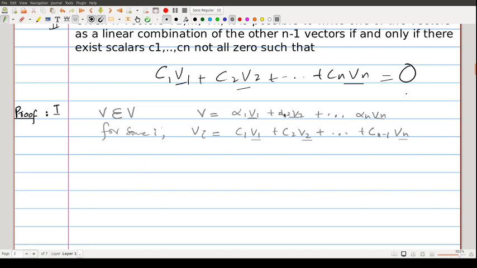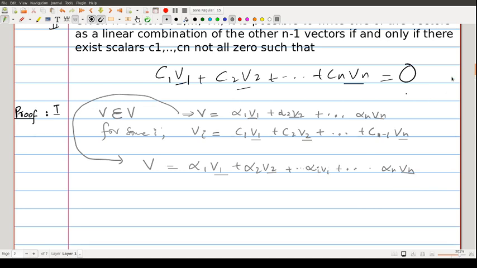And so the idea is that now if I take this vector v and I write it as alpha 1 v1 plus alpha 2 v2 plus, at some point we have here alpha i vi in this equation, right? Plus dot dot dot alpha n vn.